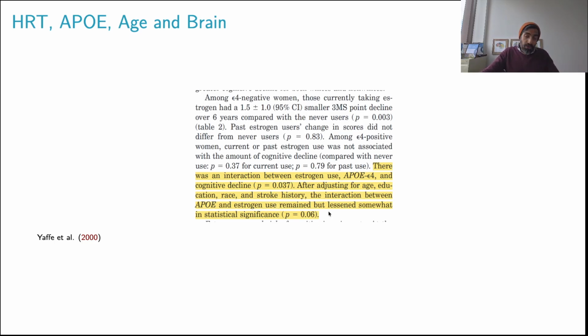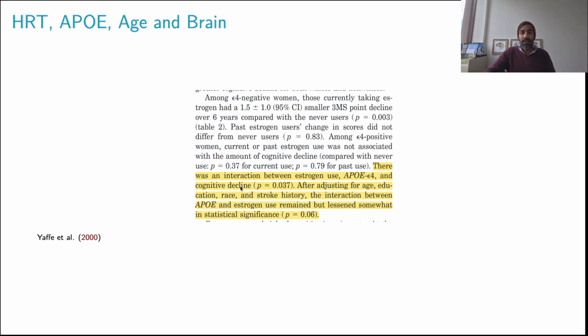And so when they control for these well-known variables, they found that there was no relationship. So the p-value was greater than 0.05.